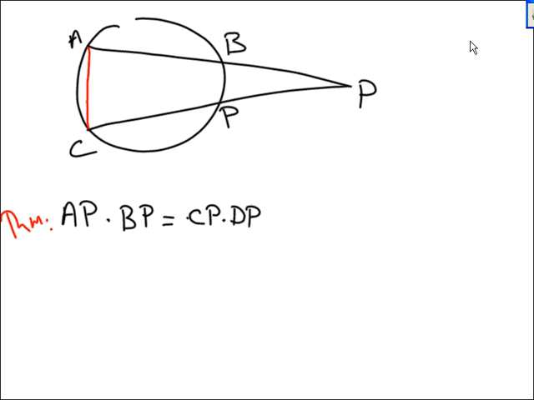Well, I do this, and I do that. And then I say, oh, I don't know what happened here, but that's a D. A, B, C, D is a four-sided polygon. It's a quadrilateral inscribed in my circle.